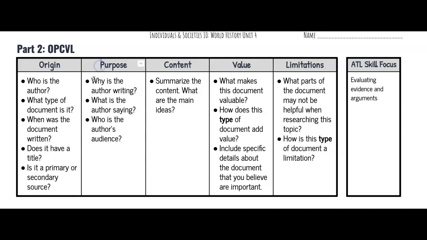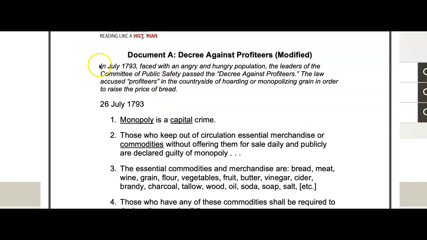Let's move on to the purpose section. We're looking at why is the author writing, what is the author saying, and who is the author's audience. We can again answer those 3 questions by investigating the description at the top. We can know why it was happening, what was being said. When we write why or what was being said, you just kind of generalize what do they want, and we'll make an inference about the audience.